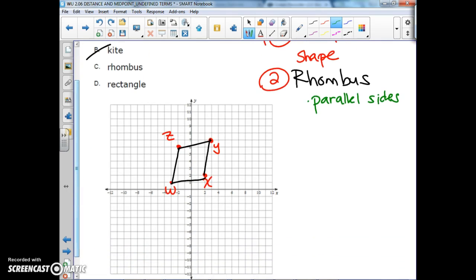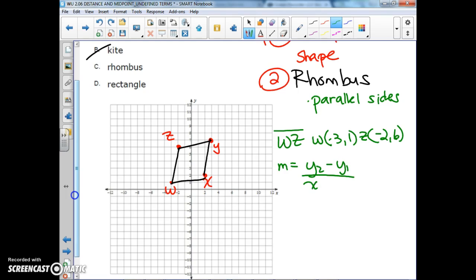So I'm going to start with the slope of WZ. W is at negative 3, 1. Z is at negative 2, 6. I'll plug it into my slope formula, which is y2 minus y1 over x2 minus x1. This is my x1, this is y1, this is my x2, this is my y2.